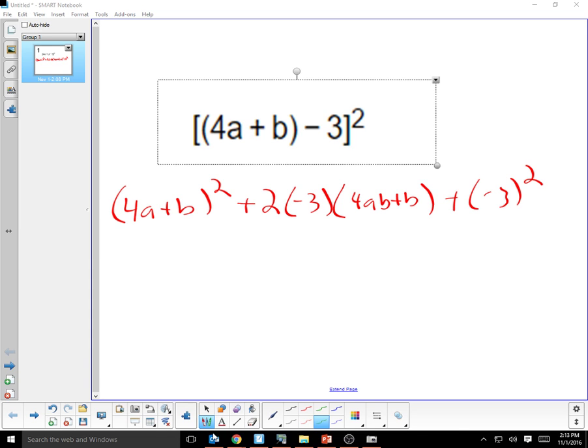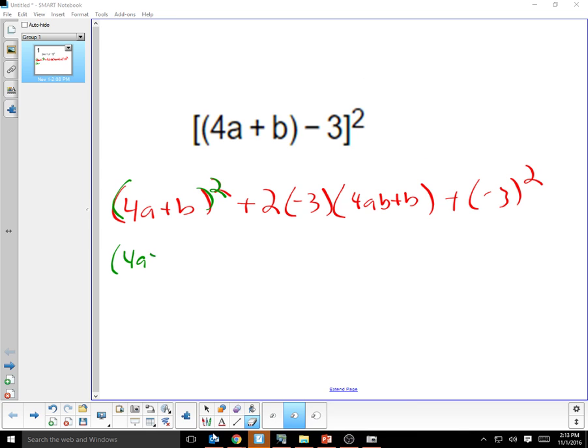Anyways, so we're good here? I'm going to continue. I'm going to have to square this, just like I did with the original problem. So I'm going to get 4a squared plus 2 times 4ab, and I went ahead and multiplied those two, plus b squared.